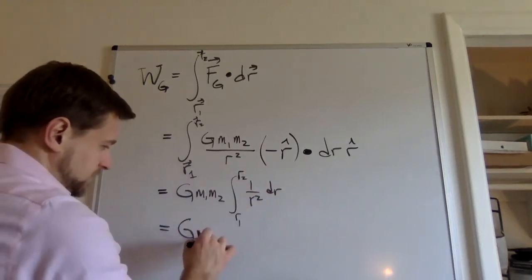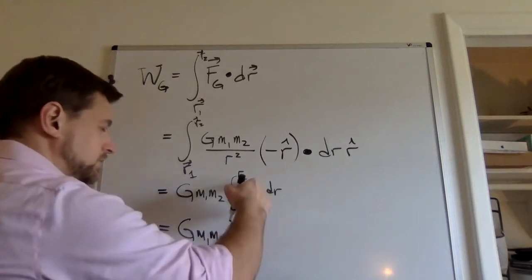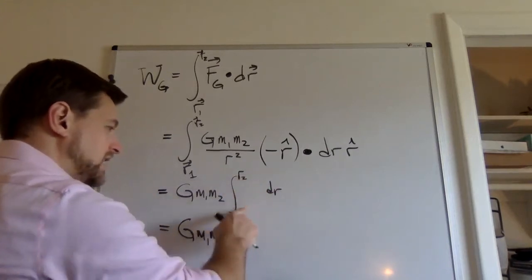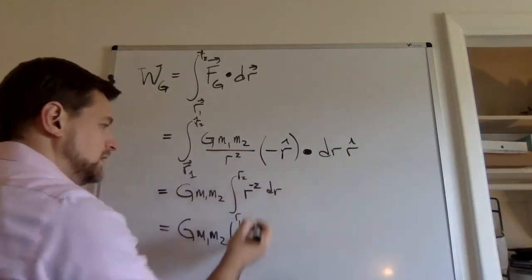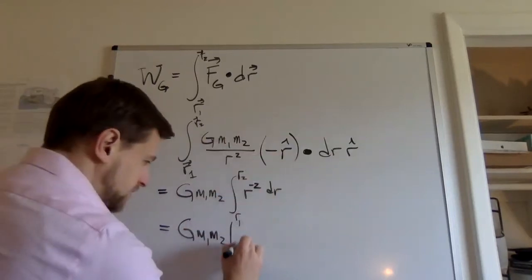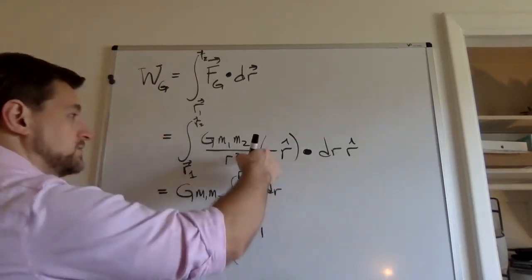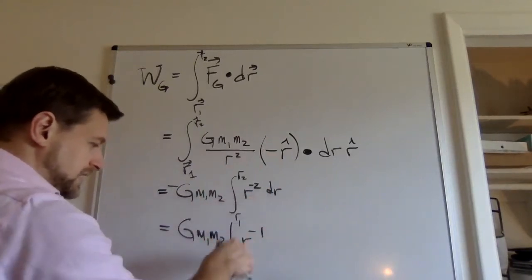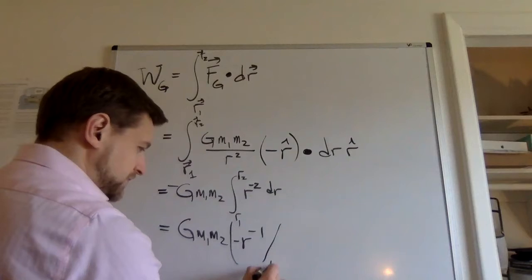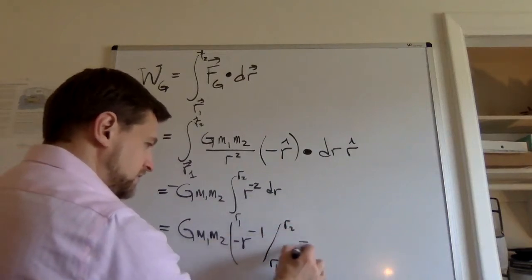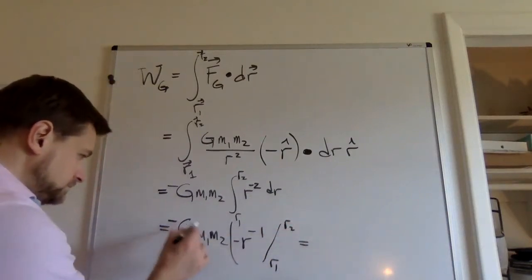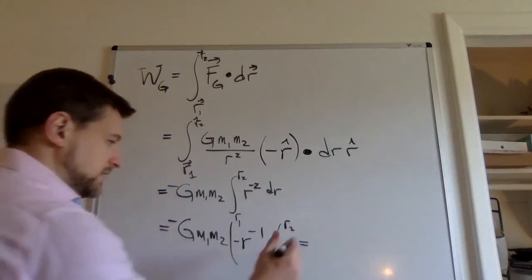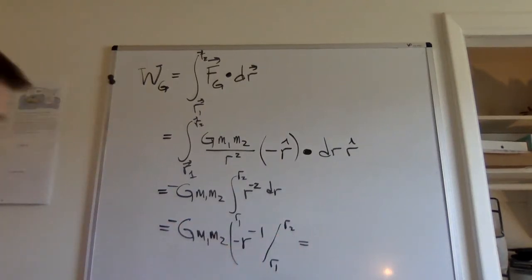G m1 m2. Now, this is r to the negative 2. So when we integrate, it's r to the negative 1. Wait, this minus sign comes out front. This minus sign from the antiderivative, evaluated from r1 to r2. That minus sign's still there. So, all right, wait a minute.